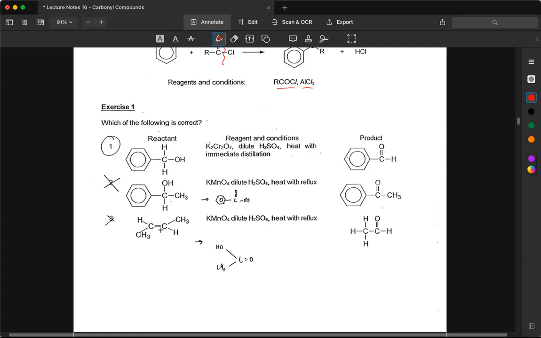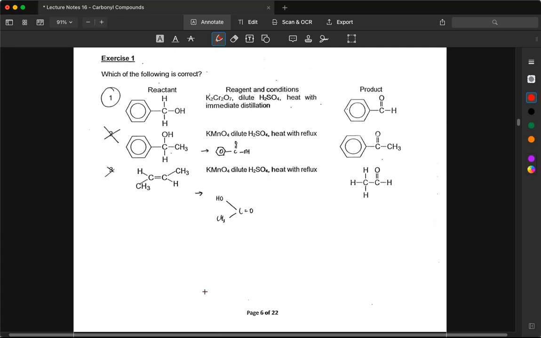Likewise here, you will not form this, you will form this actually. Because when this is oxidized, this part here is cut off also, then you will form C double bond O, with OH.